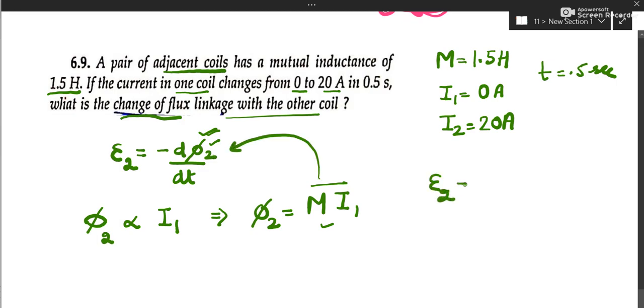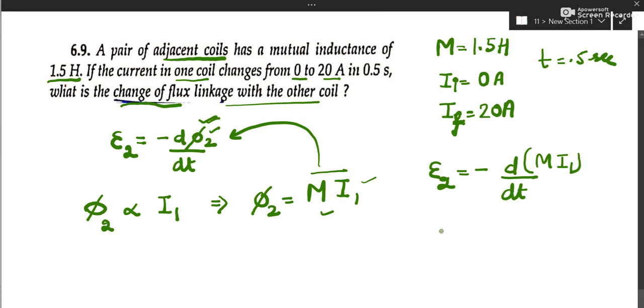So E2 is equal to minus d by dt and it is M I1. I1 is the current in coil 1. So initial current you can denote by Ii and this is final current If. So do not get confused that I1 is the initial current. No. So M outside, both the M outside and d I1 by dt.